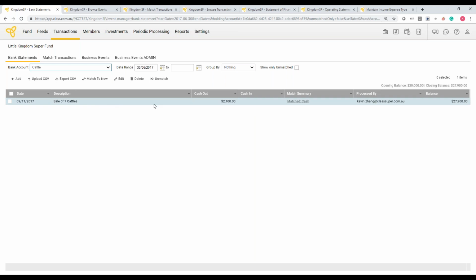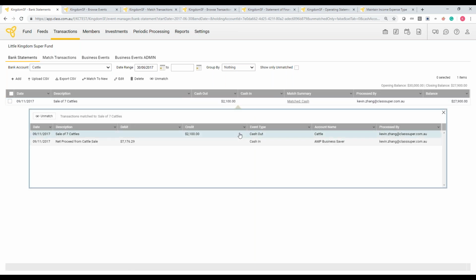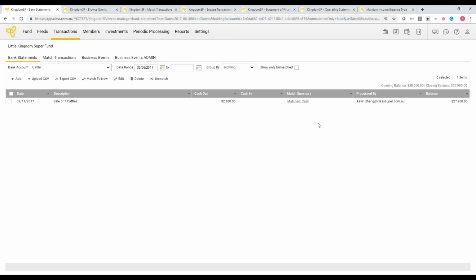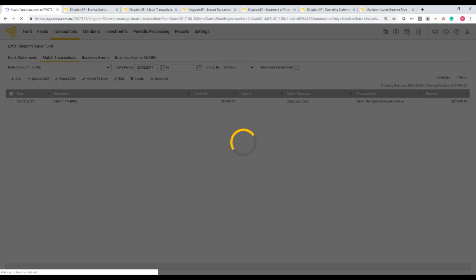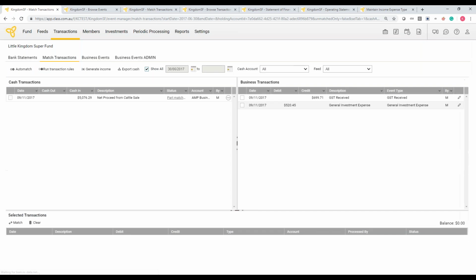Okay, so you do that, then you match that with the cash that you received, and the difference in theory should be your gains, less the costs incurred, or the GST. So you need to process the gain.